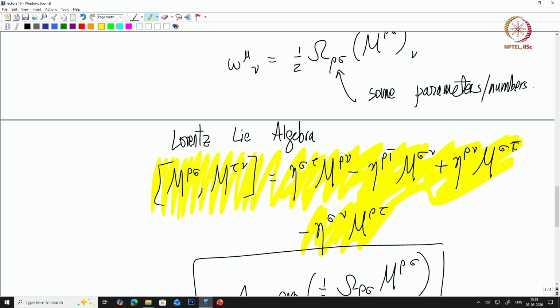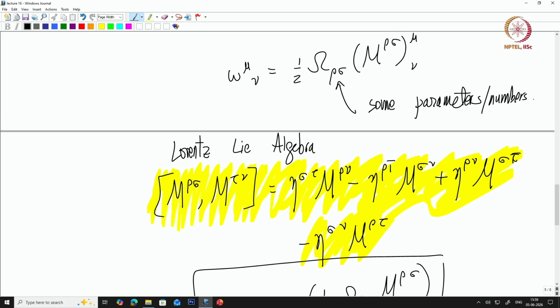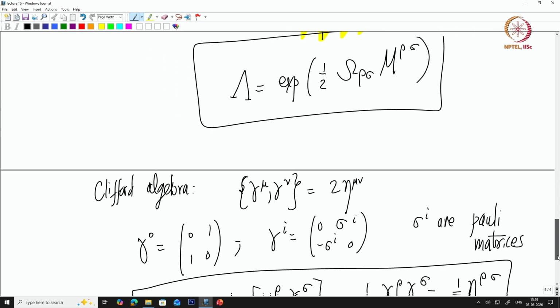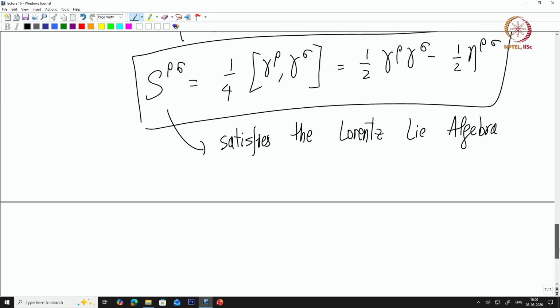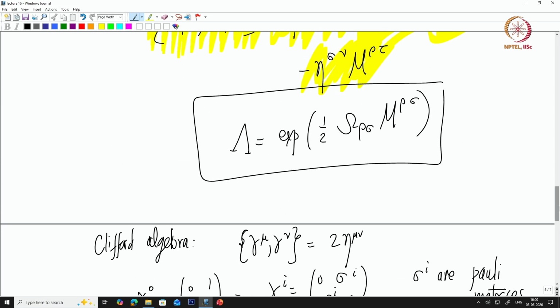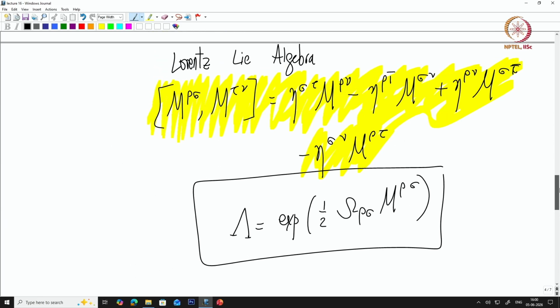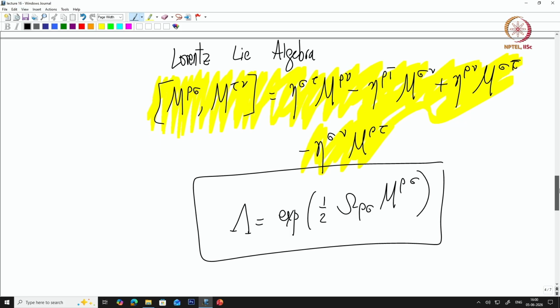Equivalently, I have constructed a matrix S made up purely of gamma matrices, which have nothing to do with Lorentz transformations, but it has the same properties, meaning S satisfies the same Lorentz Lie algebra.